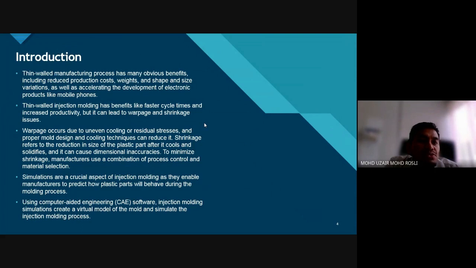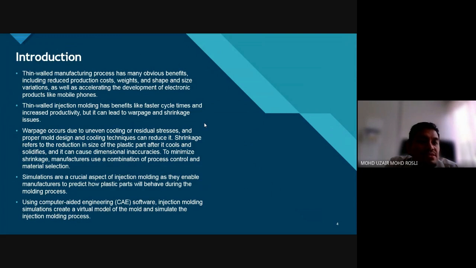Warpage occurs due to uneven cooling or residual stresses, and proper mold design and cooling techniques can reduce it. Shrinkage refers to reduction in size of plastic part after it cools and solidifies, and it can cause dimensional inaccuracy.